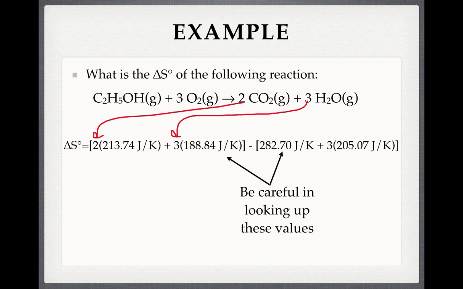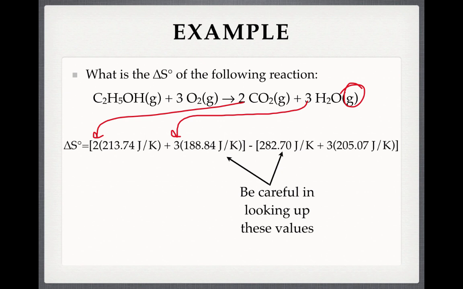Now we've got to make sure that we focus on that gas for the water. When you look up water in the standard entropy table, you will see a value for water in gas form and water in liquid form, and you've got to be positive that you are taking the right value. If you take the wrong value, you won't get the correct answer for a change in entropy here. And so those are our products.